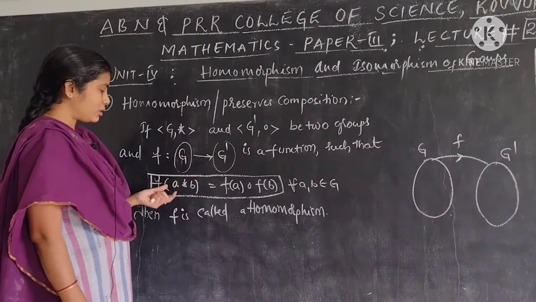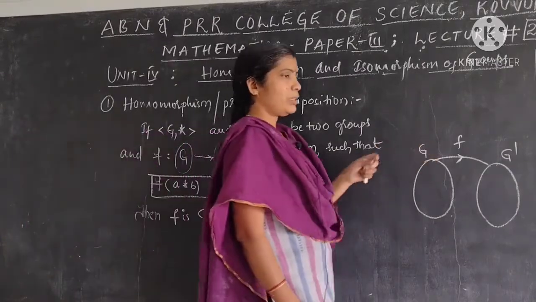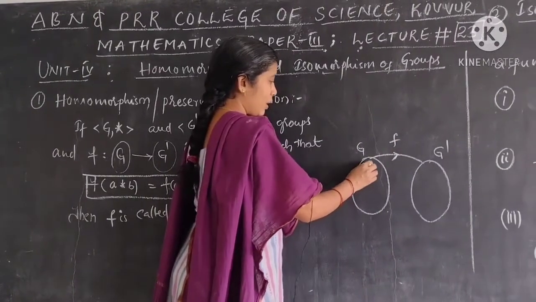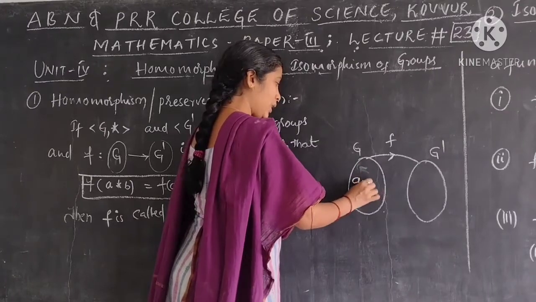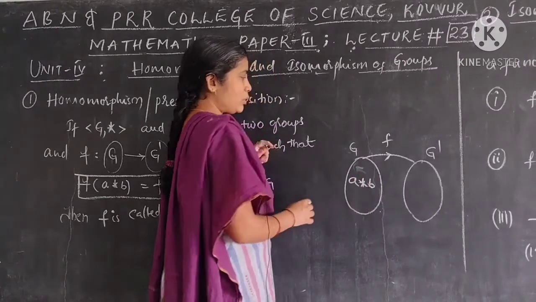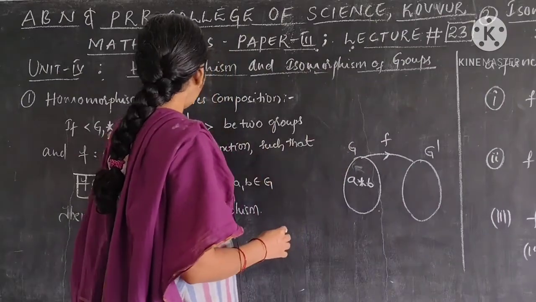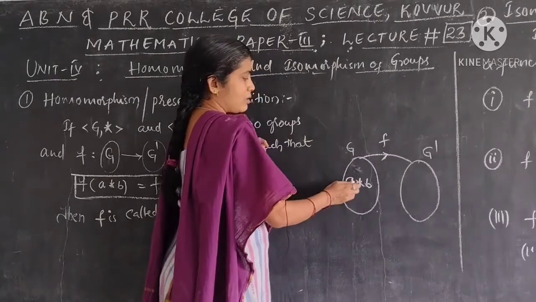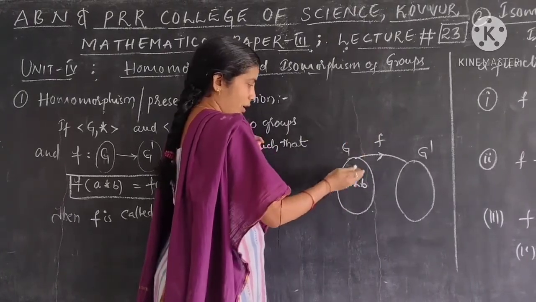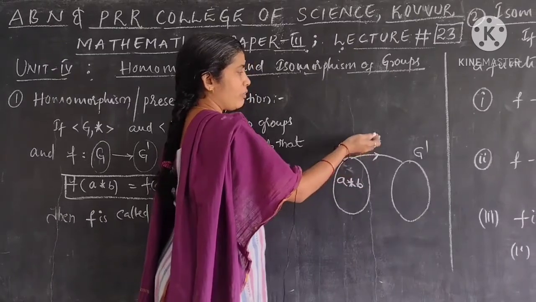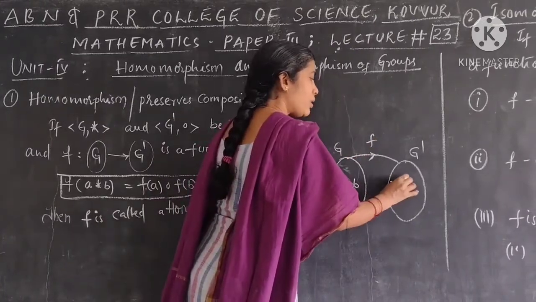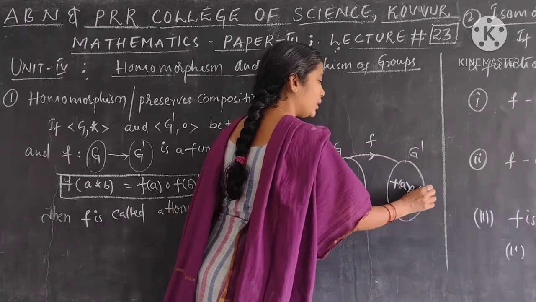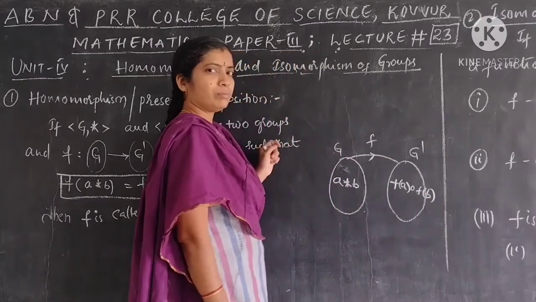What is the meaning of this? For example, if we consider this, the domain is a group, the codomain is a group, and a and b are the domain elements. What is the composite element in G? Because G is equipped with the composition star, the composite element of G is a star b. If you give the composite element a star b to the function f, it may transform into a composite element in the codomain.